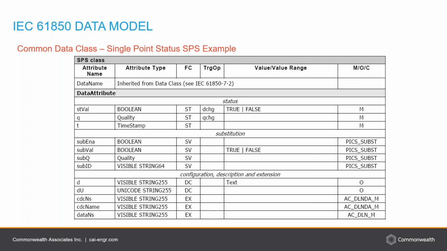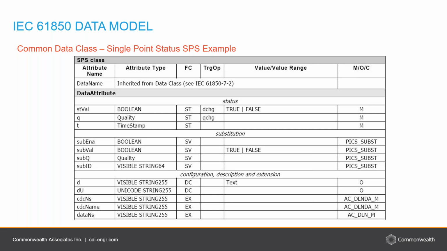So let's go back to our previous example of a circuit breaker logical node. In that logical node, there was a local operation data element, which tells you about the mode of operation of the breaker, whether it's local or remote. Now, the local operation data element is a single point status type of data element.